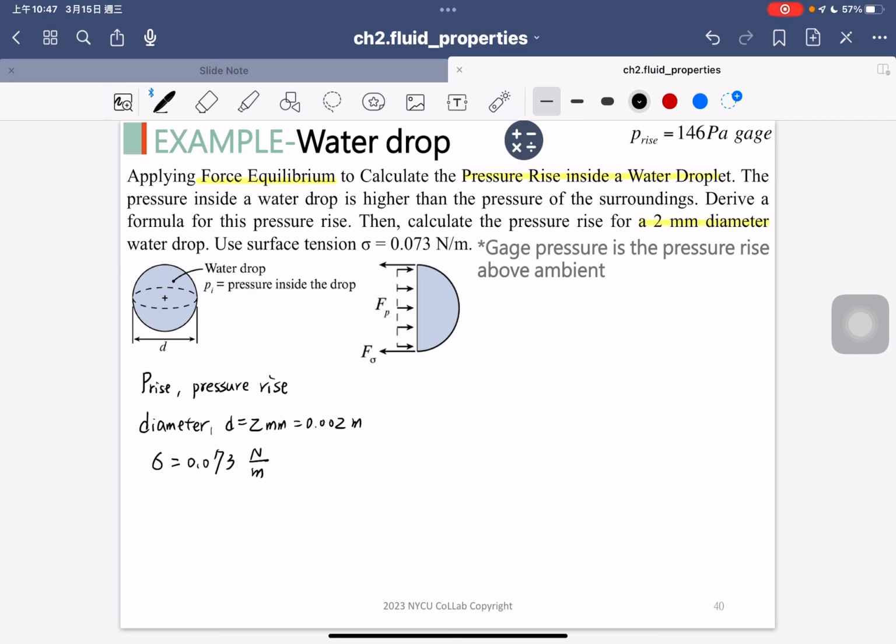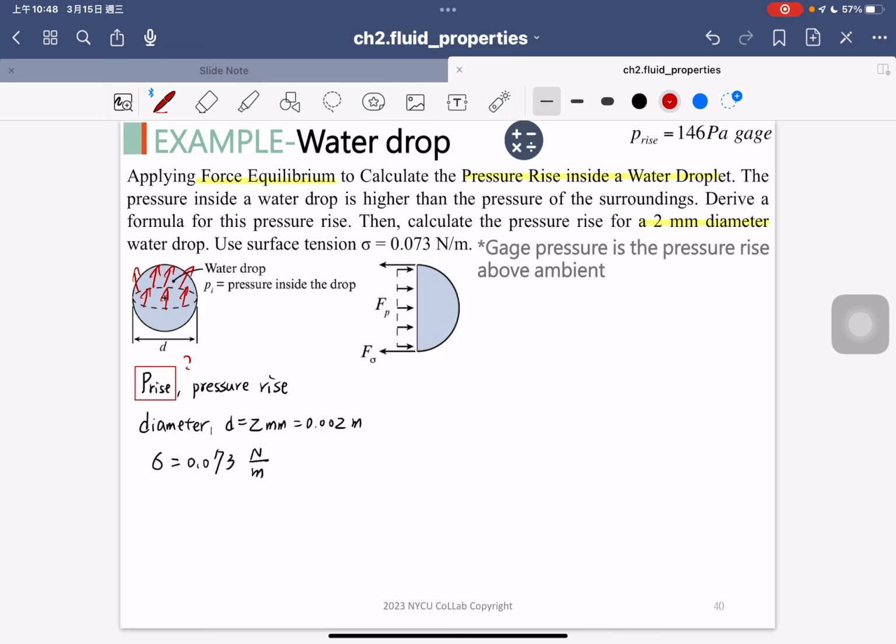So you only have the two well-known parameters, diameter and surface tension. So how can we apply the force balance to understand how large the rising pressure is? Okay, the unknown parameter is the pressure here. So right now we are trying to do some force balance. As you can see again, if we cut the cross section of the sphere, we know the surface tension will act around the circle.